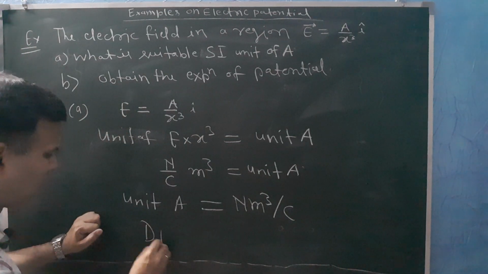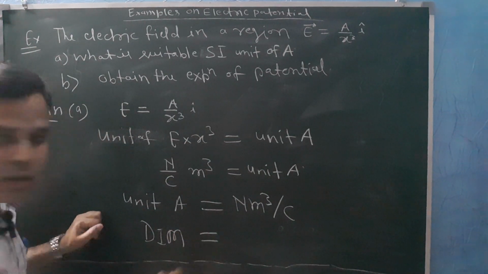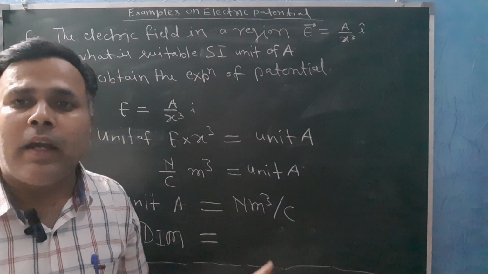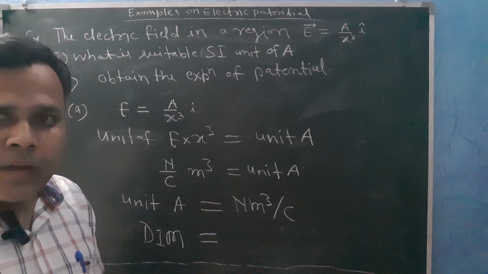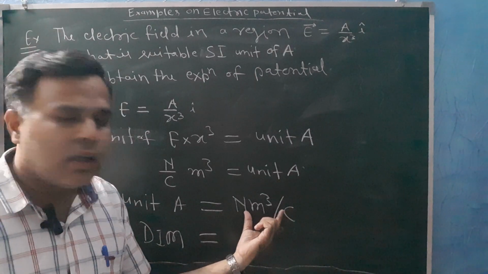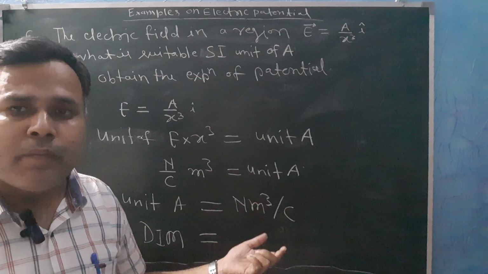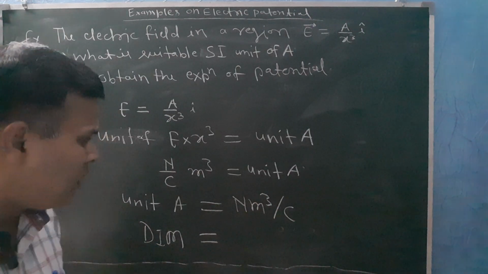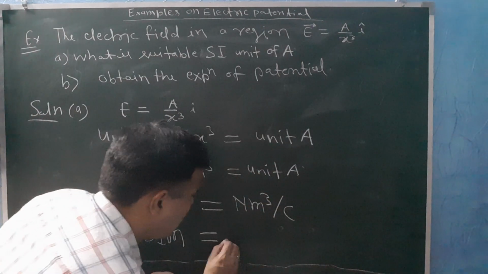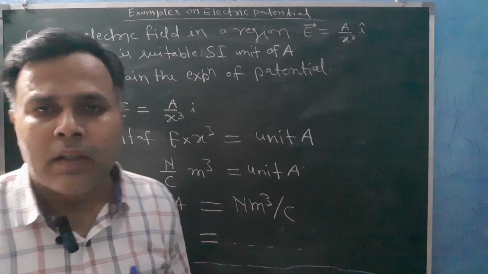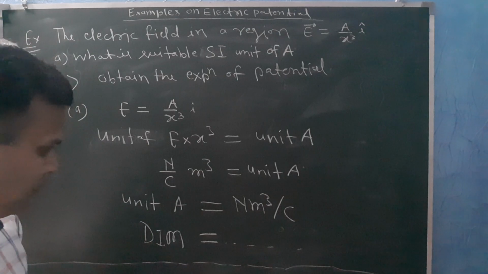We can also find the dimension, that is, express this entity in terms of the basic dimensions M, L, T and A, using mass, length, time and ampere. You can fill in this blank with the help of the fact that 1 Newton is kilogram meter per second square.